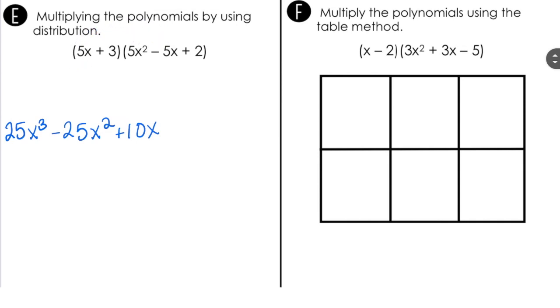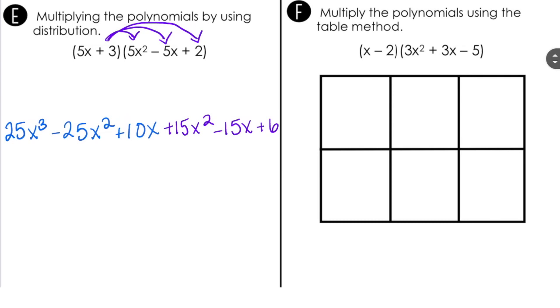We're going to do the same exact thing for the 3. So we're going to take that 3, positive 3, and multiply it to everything inside the trinomial. Okay, so 3 times 5x squared is going to be 15x squared. 3 times negative 5x is going to be negative 15x. And then 3 times 2 is positive 6.